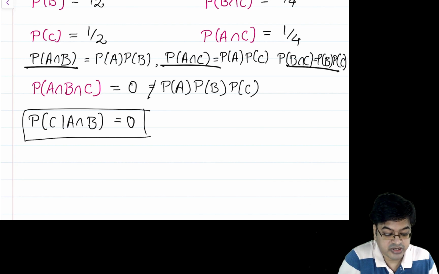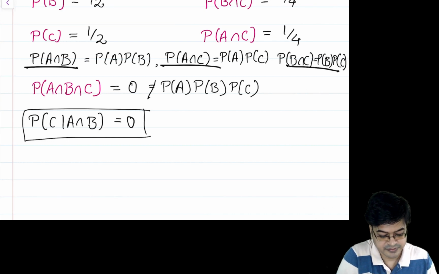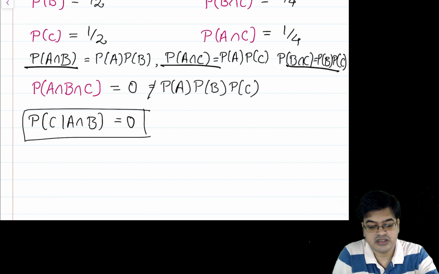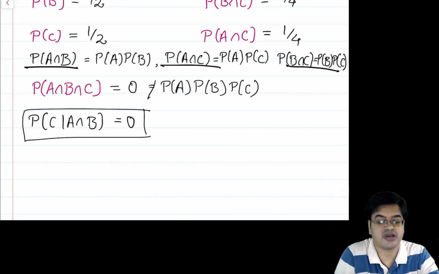Therefore it is important to have a good understanding of conditional probabilities as well if you want to do something in the field of probability and statistics. This finishes our second topic on conditional probability.